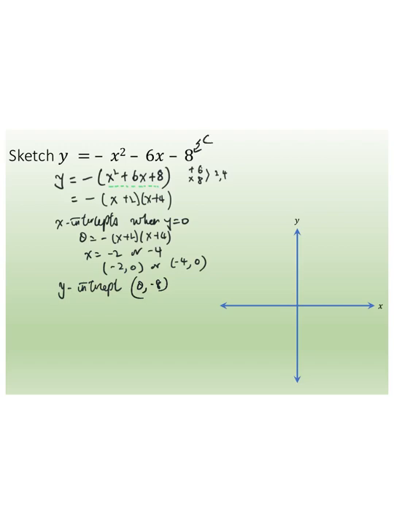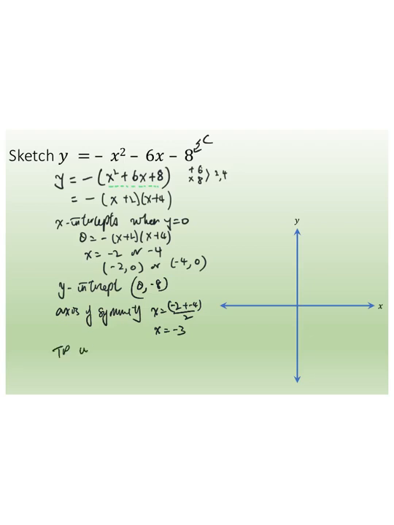This is the c. And then the axis of symmetry is x equals (minus 2 plus minus 4) divided by 2. So therefore x equals minus 3. That's the axis of symmetry.